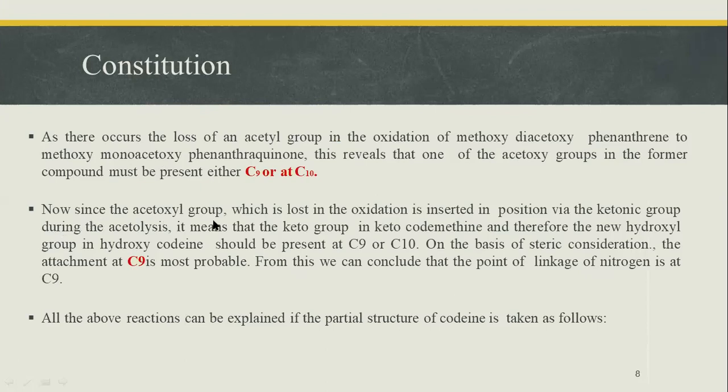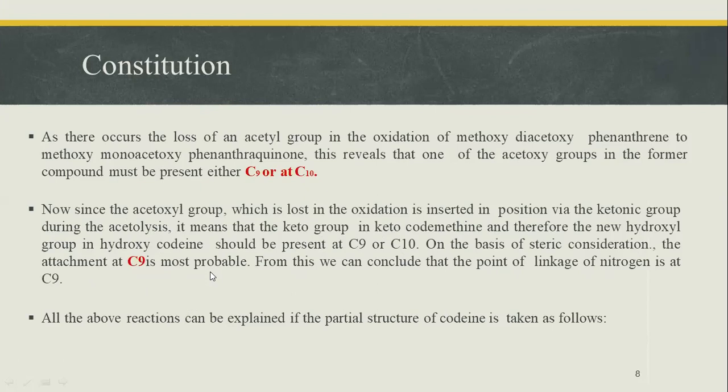Now since the acetoxy group which is lost in the oxidation is replaced in position by a ketonic group in the acetolysis, it means that the keto group in ketocodimethine, and therefore the new hydroxy group in hydroxycodeine, must be present at C9 or C10. On the basis of steric consideration, the attachment at C9 is most probable.